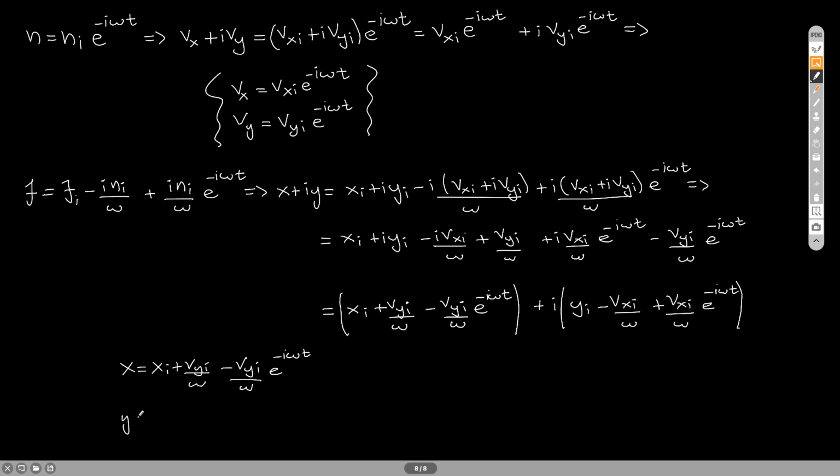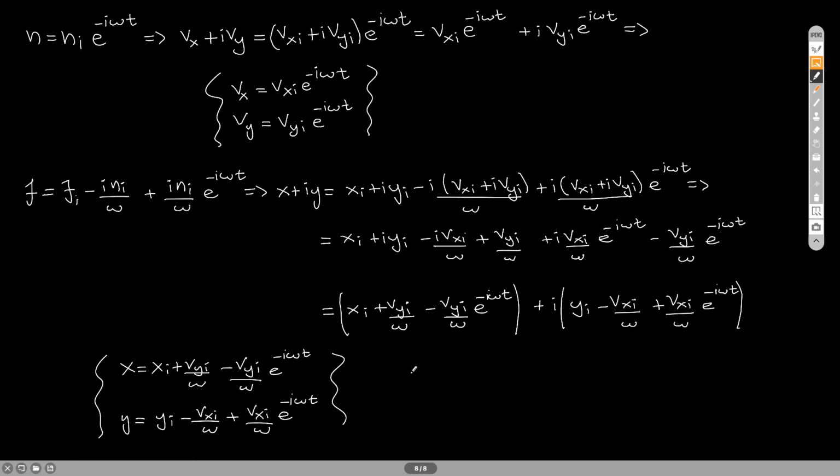And then y is equal to y initial minus Vx initial over omega plus Vx initial over omega e to the minus i omega t. And these are the solutions for position.